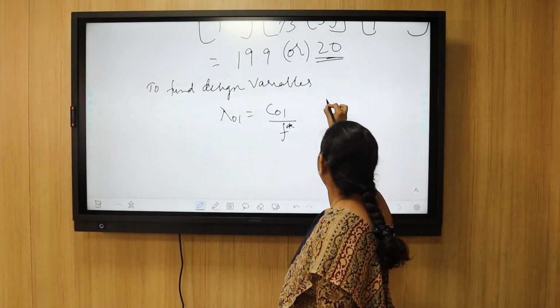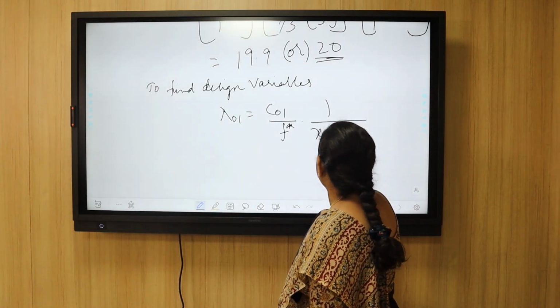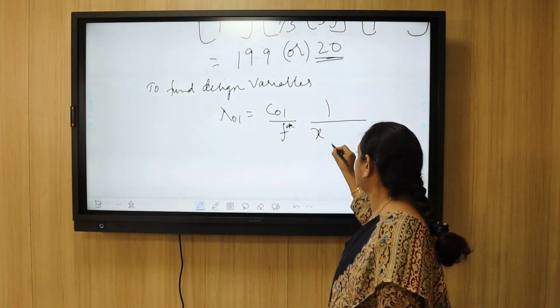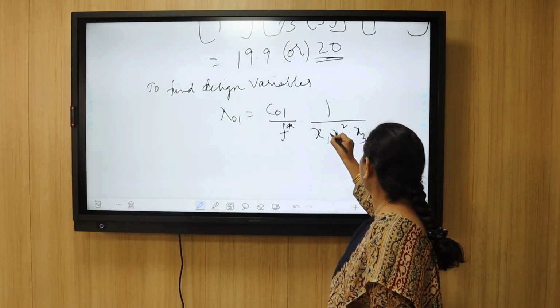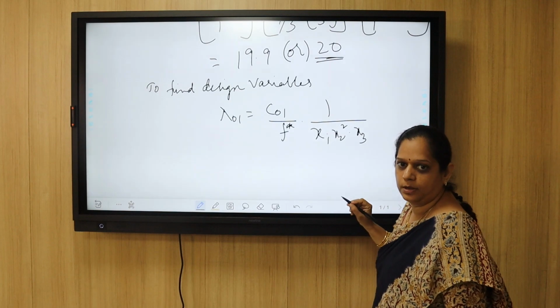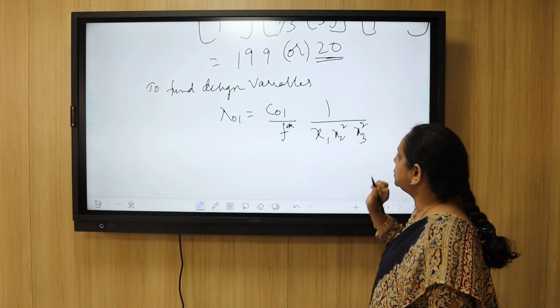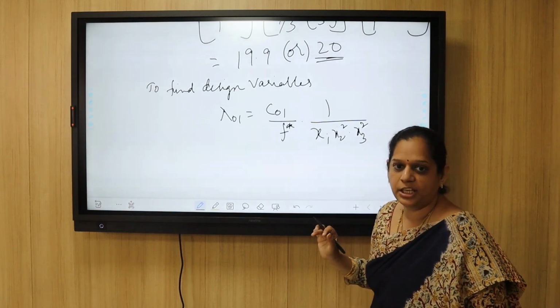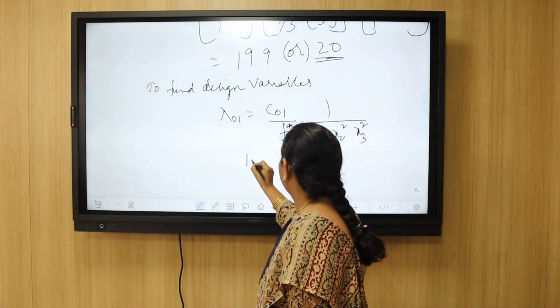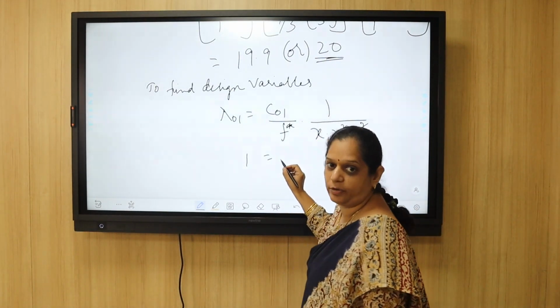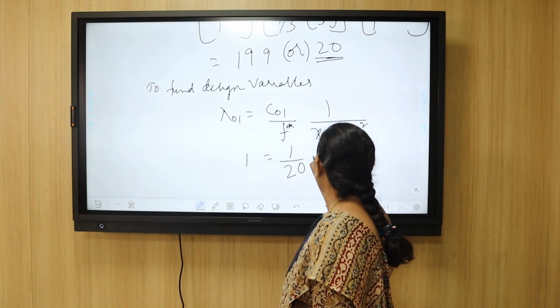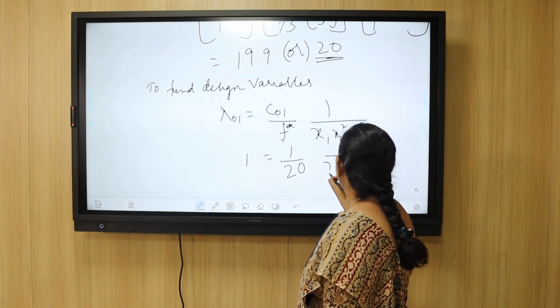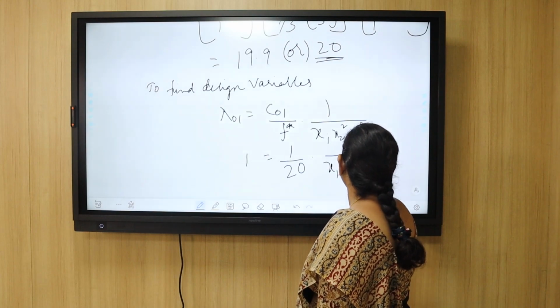The objective function is given as 1 by x1, x2 square, x3 cube. So this you have to find. Lambda 01 is given as 1 here and C01 is also 1 and f star is 20, into 1 by x1, x2 square.